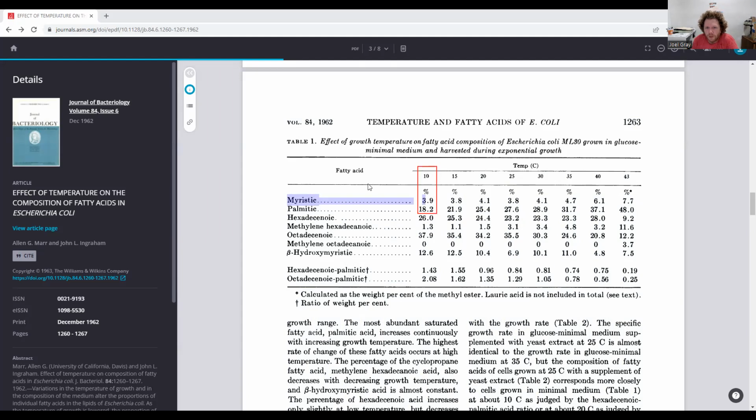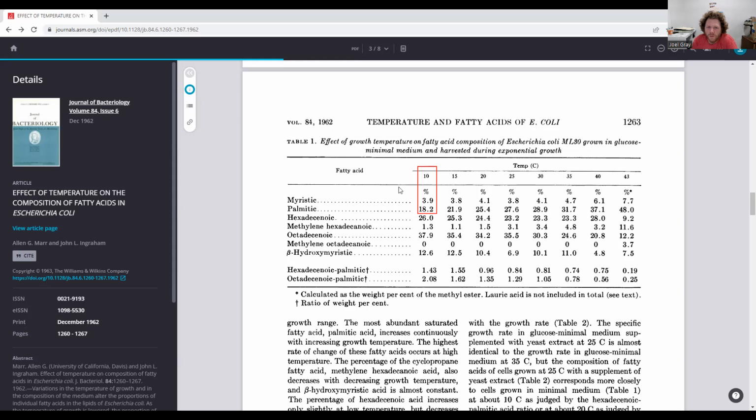Whenever we were growing this E. coli at 10 degrees Celsius, what we saw was that the saturated fatty acids, myristic acid is 14 carbons and palmitic acid is 16 carbons long, both are saturated fatty acids. Those accounted for about, we'll call that 23% of the fatty acids within that organism that were accounted for.